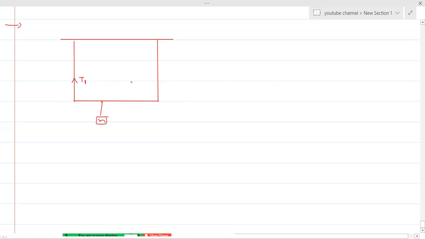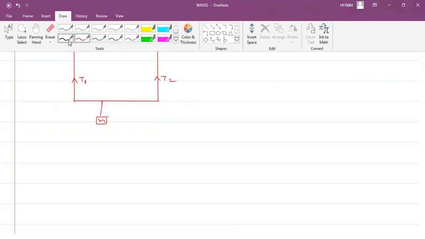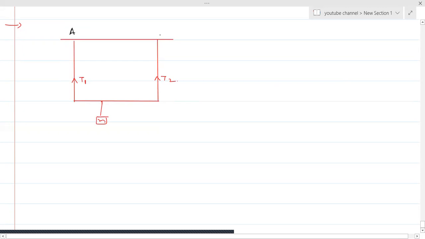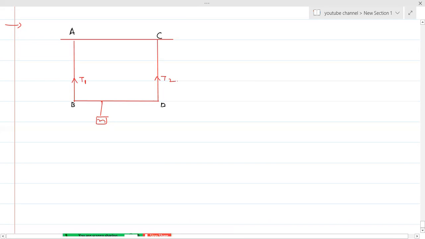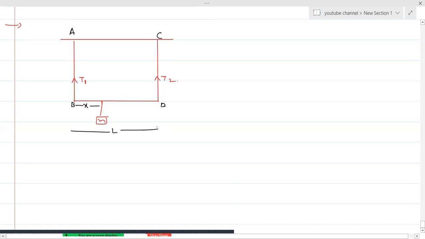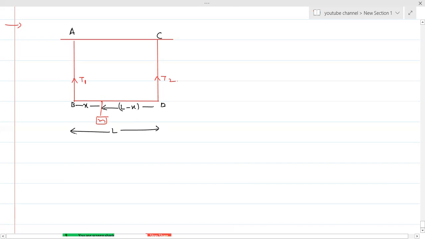The first string has a tension T1 and the second string has a tension T2. A is the point of suspension of one string, and C is the suspension of the other string. B and D are points on the wire. Suppose we locate a point at a distance x, and the total length is L. Automatically this distance will be L minus x.